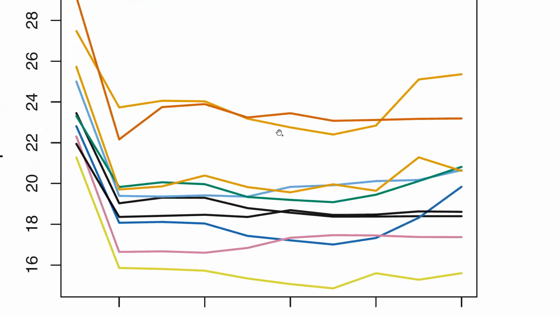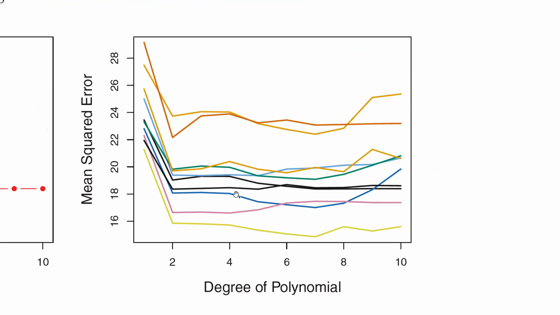And look, 1, 2, 3, 4, 5, 6, 7, 8, 9, 10. We have done the exercise 10 times. Each time we are excluding half of the full data.